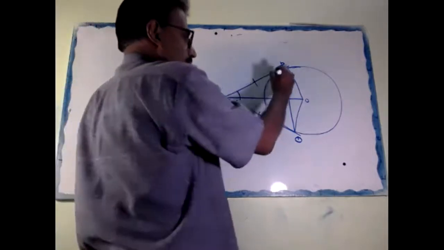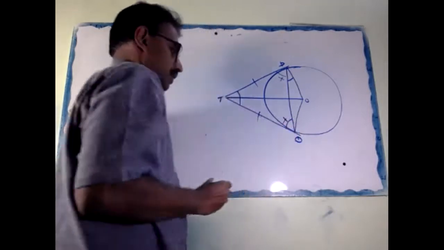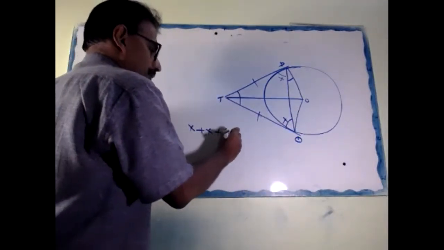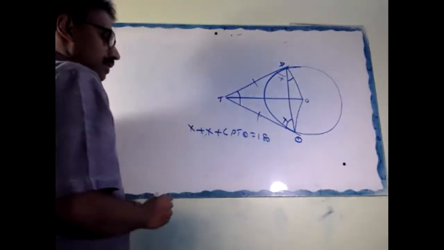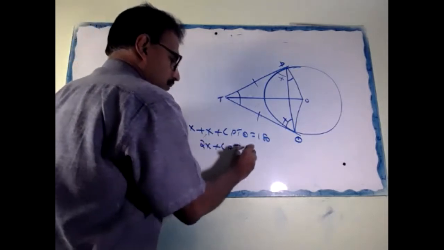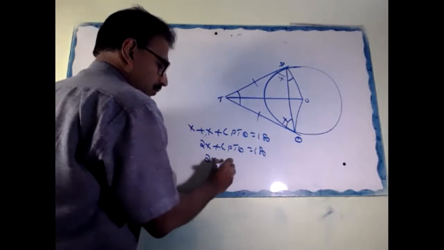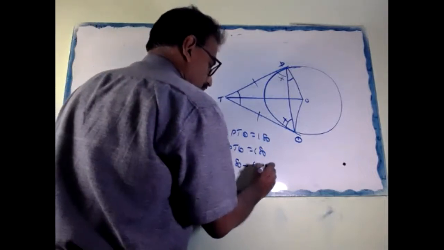We call this X. This is also X. So now X plus X plus angle PTQ equals 180. So 2x plus angle PTQ equals 180. 2x equals 180 minus angle PTQ.